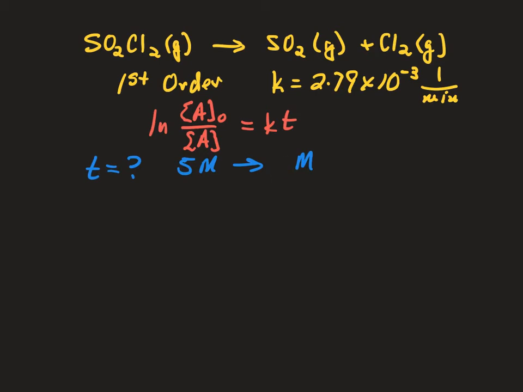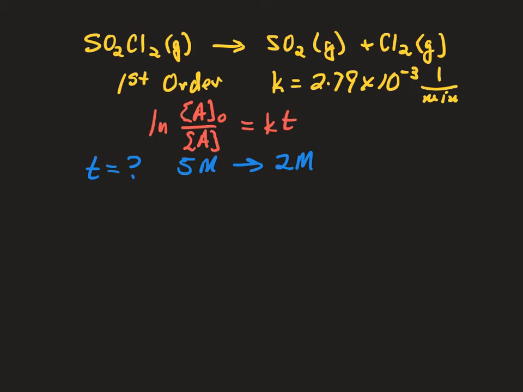To make our calculations just a little more straightforward, let's make this 2 molar. So we're going to go from 5 molar to 2 molar. And so again, let's remind ourselves, we know our initial concentration, we know our final concentration, and we know our k, leaving time as our only unknown.